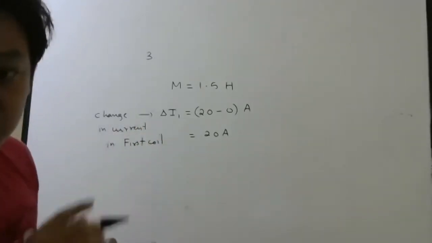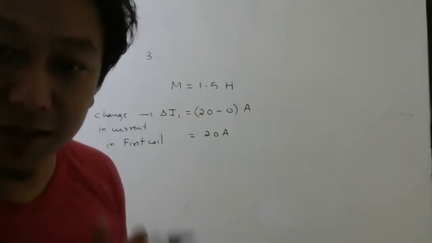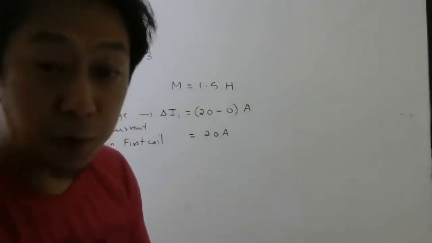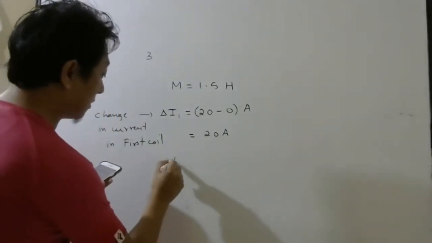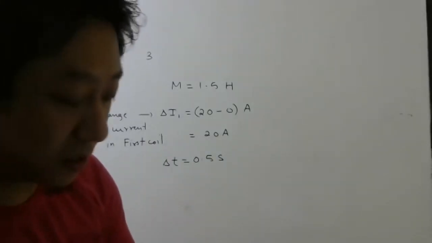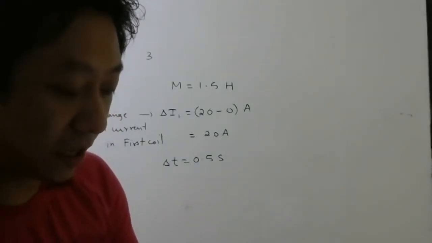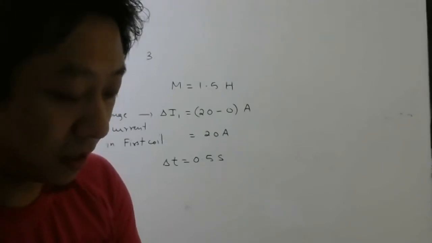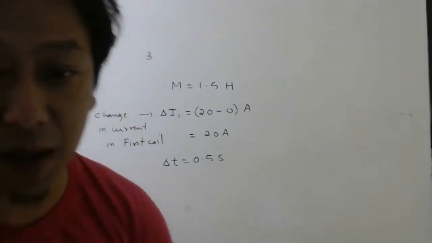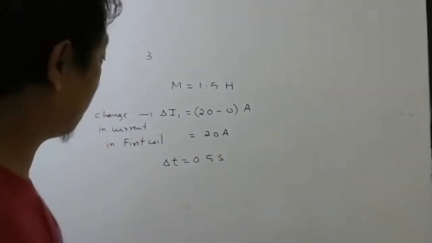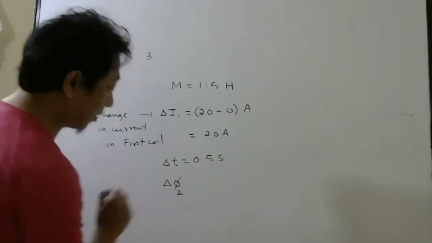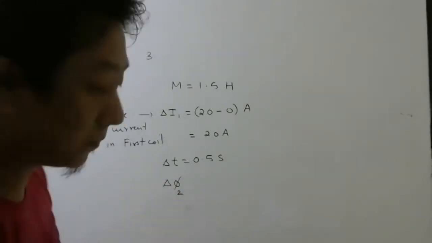Let us call one of the coils the first coil, the other coil we will say the second coil. What do they want? In 0.5 seconds, time taken is 0.5 seconds. What is the change of magnetic flux linked with the other coil? So they want the change in magnetic flux linked with the other coil. So this is coil number 2.